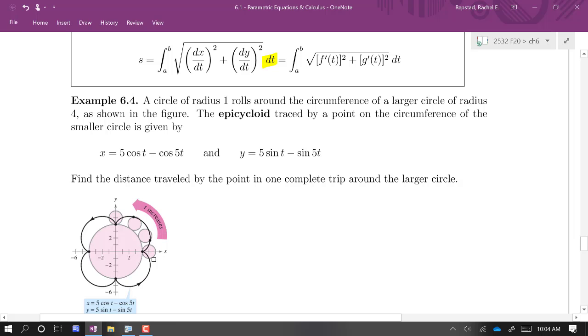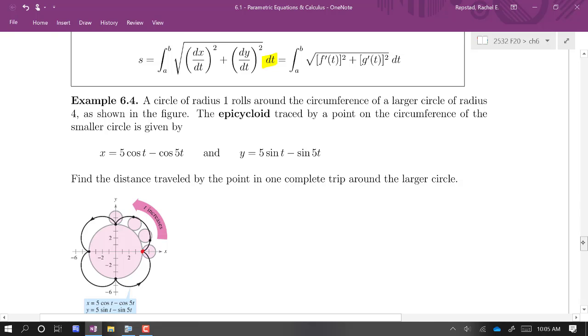Now, if you fix a point, say this point that starts right here, and then trace that point as it moves around, as the smaller circle rolls around the bigger one, it forms this curve that we see in black here. It's called an epicycloid, and we are going to find the length of this path as it starts and then returns to its starting point.